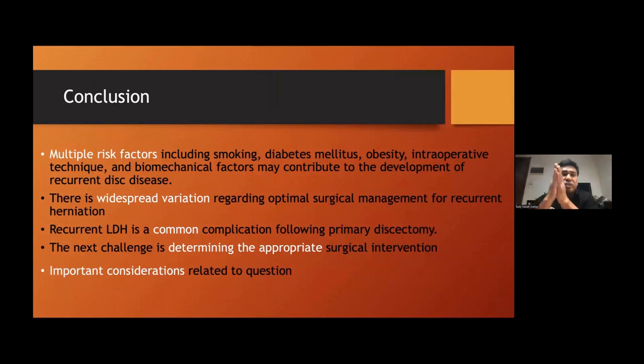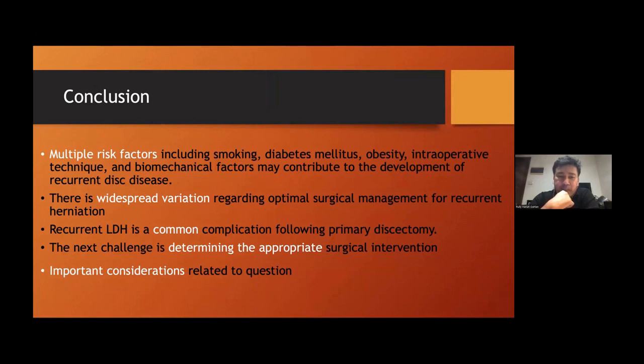The conclusion is that multiple risk factors, including smoking, diabetes, obesity, intraoperative technique, and biomechanical factors may contribute to the development of recurrent disease. There is widespread variation regarding optimal surgical management for recurrent herniation.